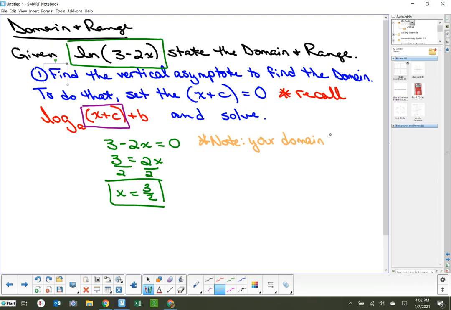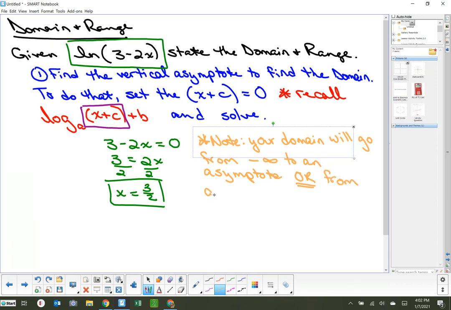Your domain will go from negative infinity to an asymptote, or from an asymptote to positive infinity.